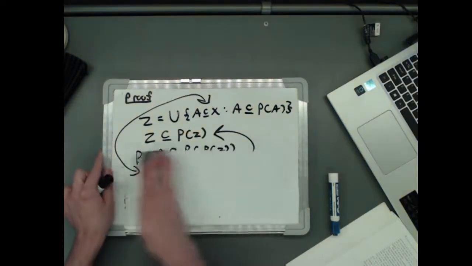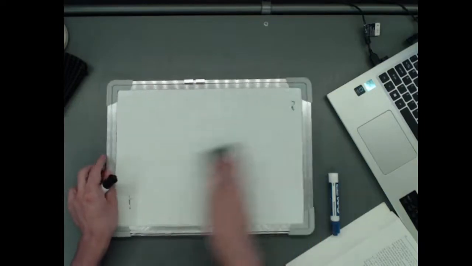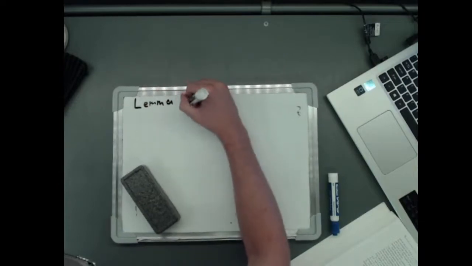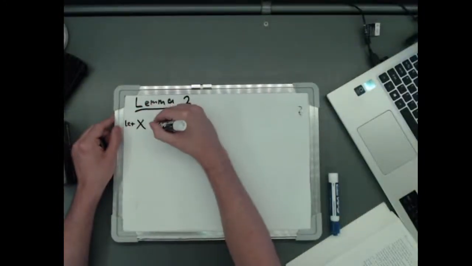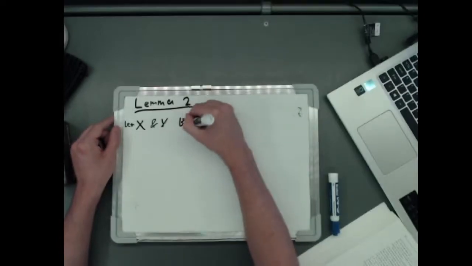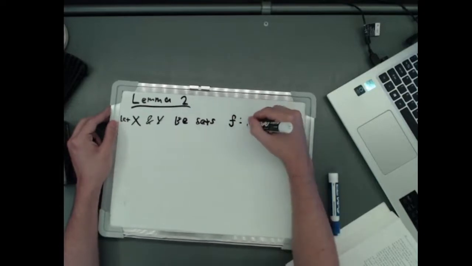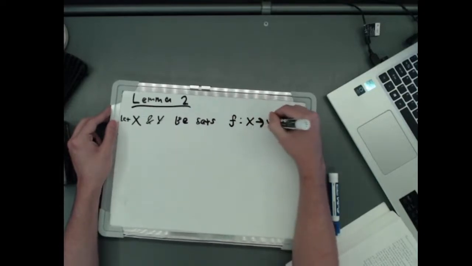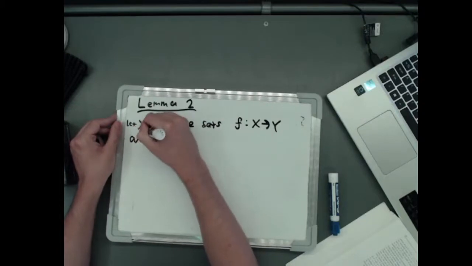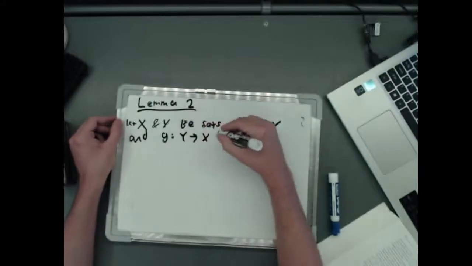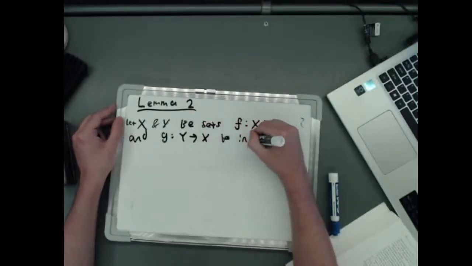That proves lemma 1. Lemma 2, we'll write it out. Try to go a little faster this time too. Lemma 2: let x and y be sets. Now we have let f from x to y and g from y to x be injective.